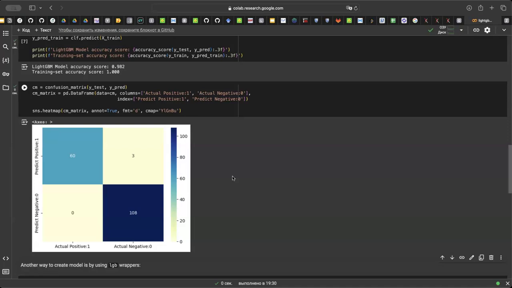Guys, do you know the formulas? Okay, not the accuracy, precision and recall.